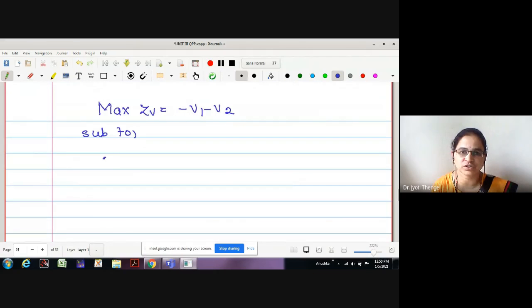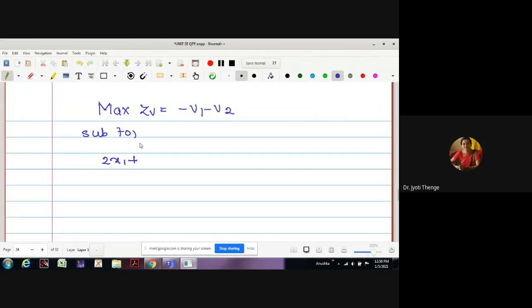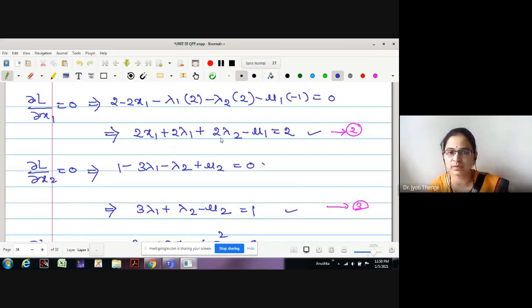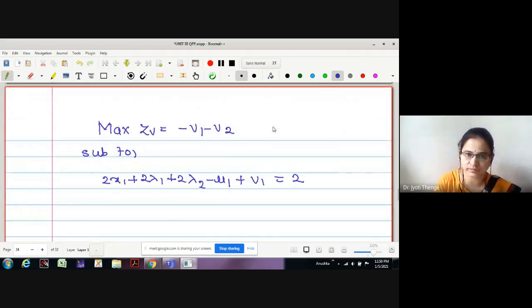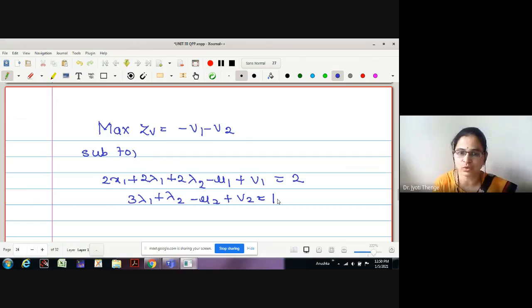The conditions are 2x1 plus 2 lambda 1 plus 2 lambda 2 minus mu 1 plus v1 equal to 2. What is the second one? 3 lambda 1 plus lambda 2 minus mu 2 plus added artificial v2 equal to 1.